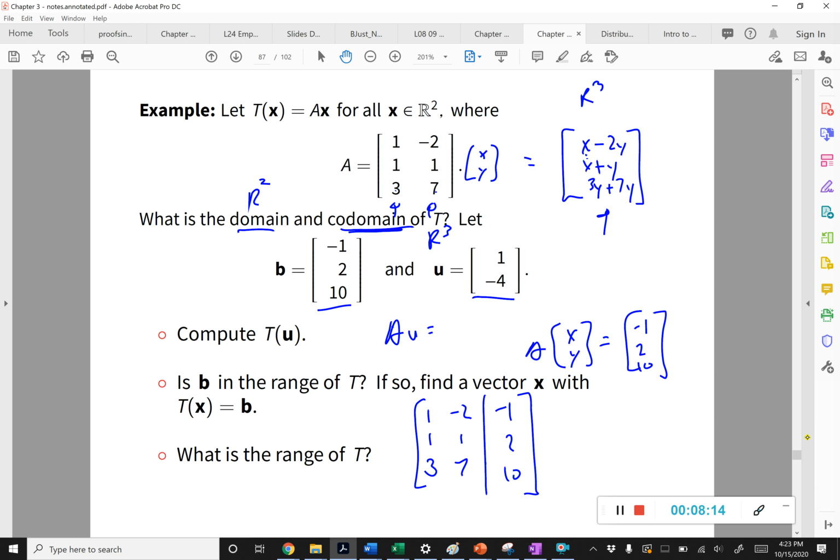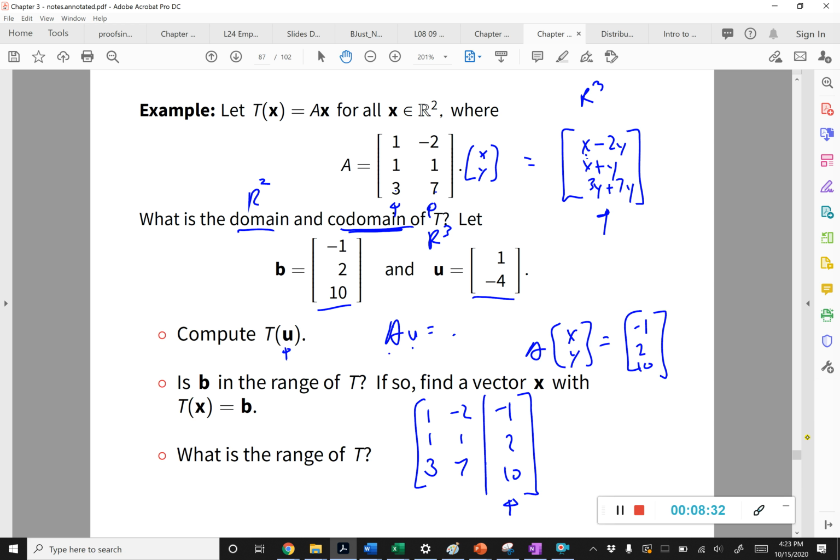So this U already lives in our domain, so we just have to multiply to find out where it is in the codomain. This is in the codomain. We're not sure if it's in the range. We're not sure if we can actually get there with these combinations. This is how we test.